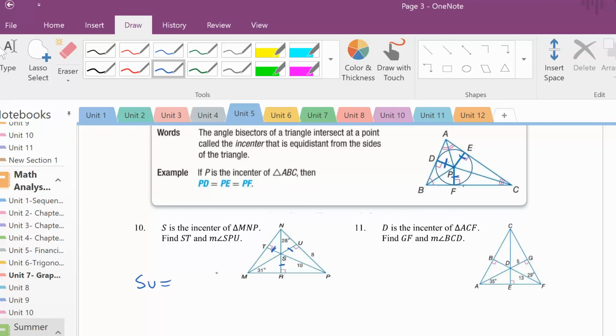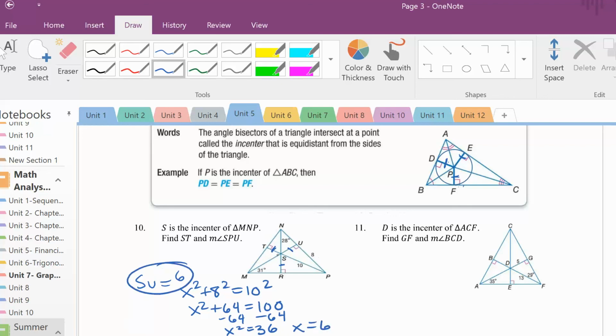So you would go x squared plus 8 squared equals 10 squared. Subtract the 64, 36. So when you take the square root, you get x equals 6. So SU is 6, which means all these little parts are 6.